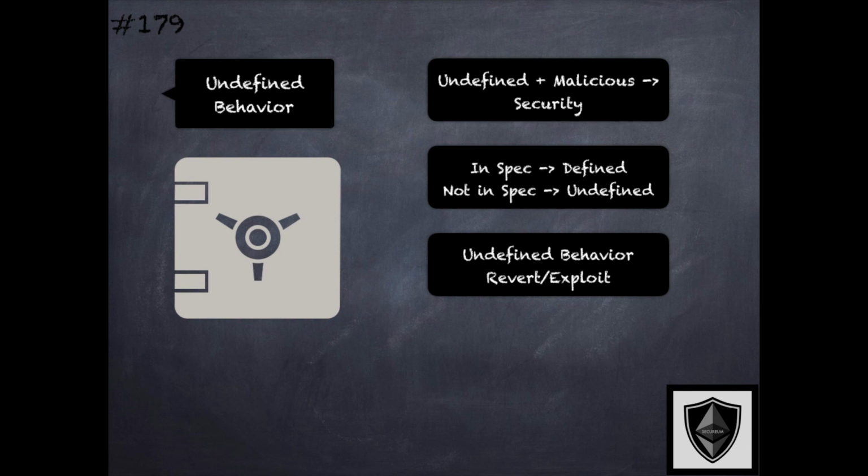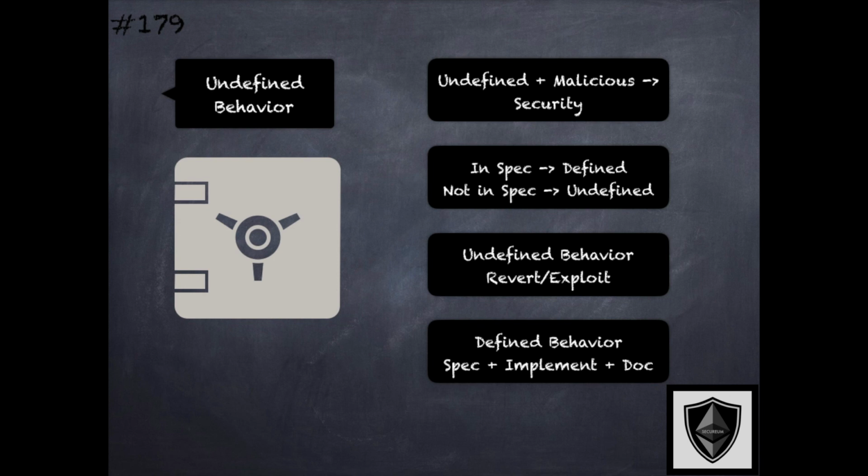However, if such behavior can also be exploited in some manner, that leads to security issues. In some cases, it may not be clear if such undefined behavior is a security concern or not, but nevertheless should be treated as such. The best practice is to make sure all acceptable behavior is detailed in the specification, implemented accordingly, and documented thoroughly.